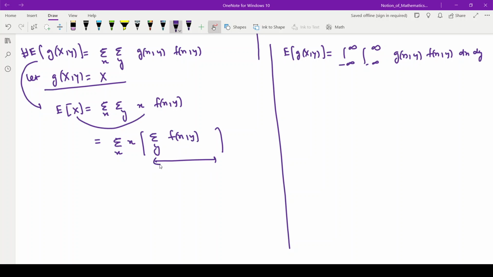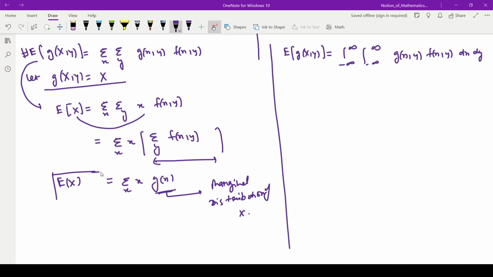This is actually the formula for the marginal distribution. So it is summation over x of x into g(x), where this g(x) is the marginal distribution of X. In such a way the formula for expectation of X is different.